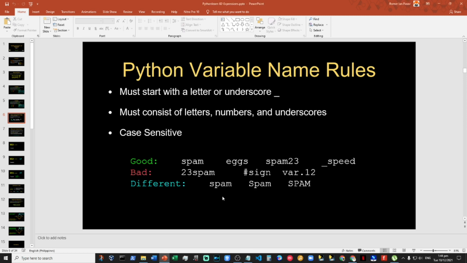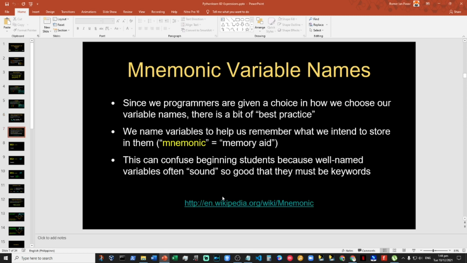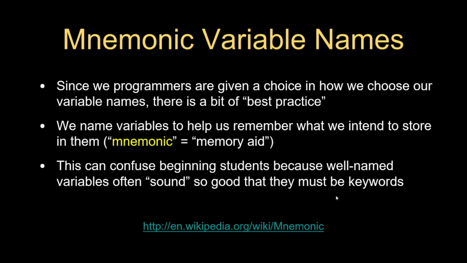Now remember, you could use any name you want, as long as it doesn't conflict with the reserved words, and as long as you follow the rules on special characters and the placement of numbers. Now, since we programmers are given a choice in how we choose our variable names, there are best practices.